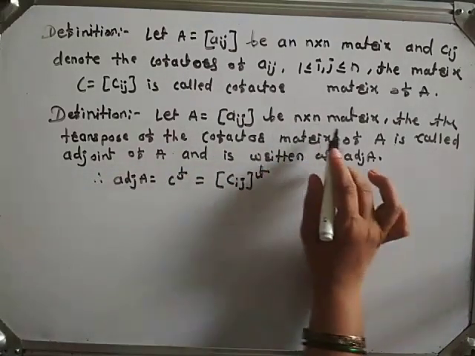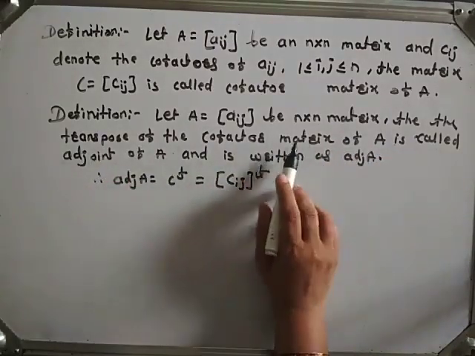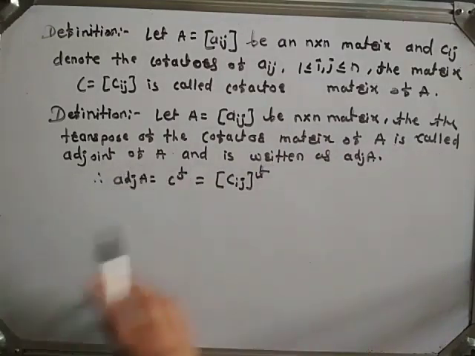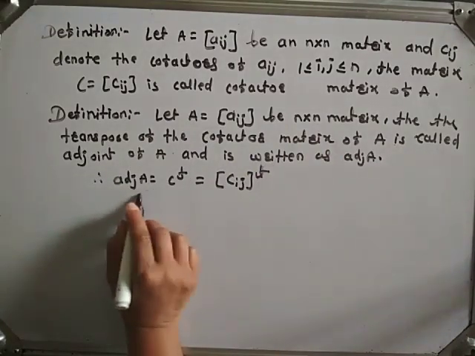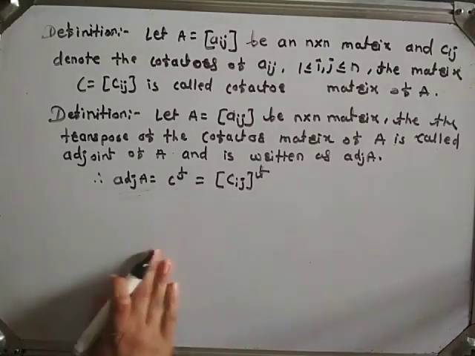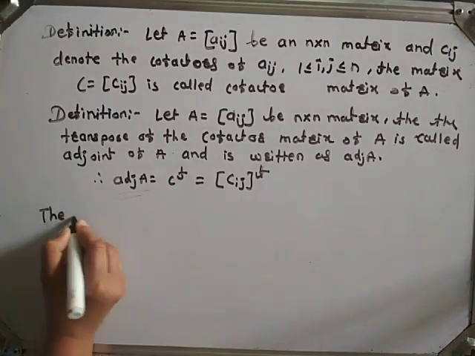Means adjoint of A equals the transpose of the cofactor matrix of A.